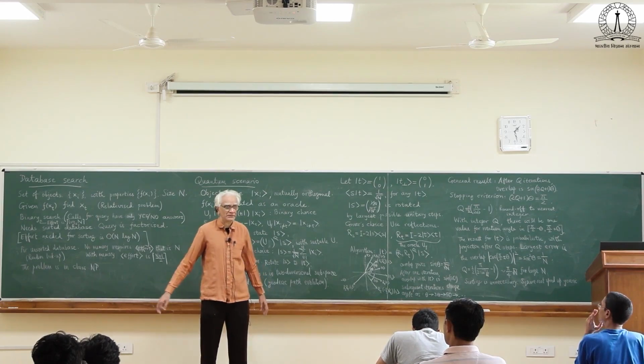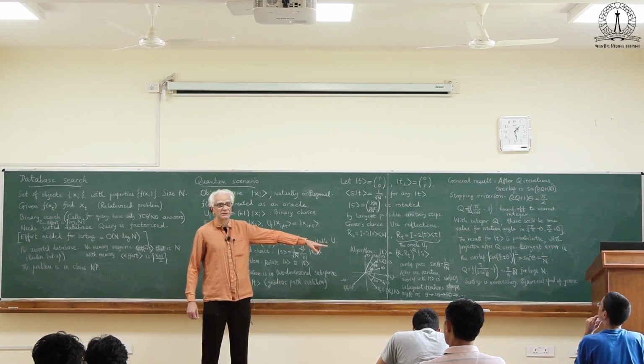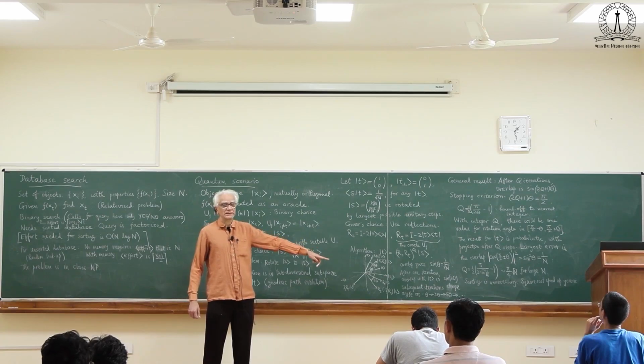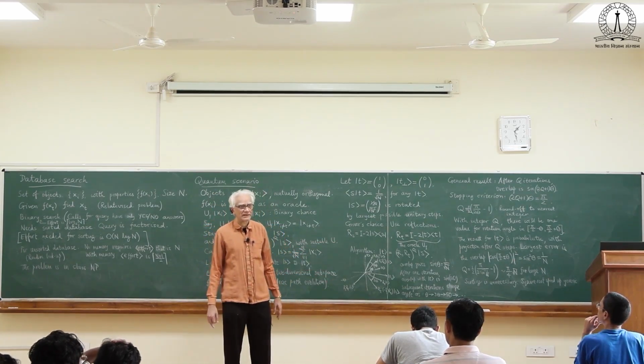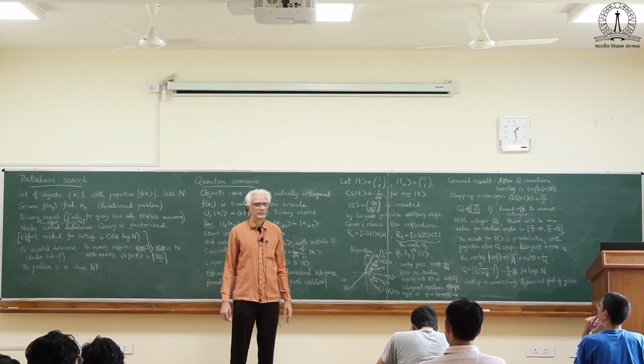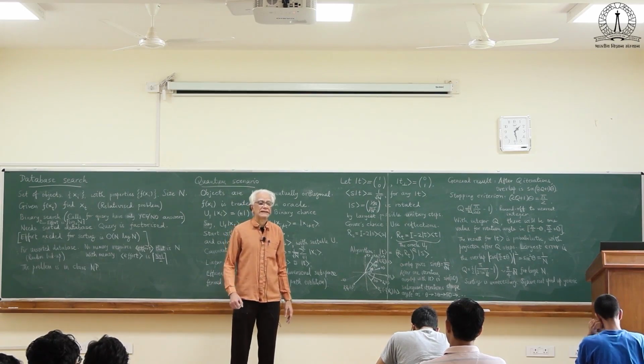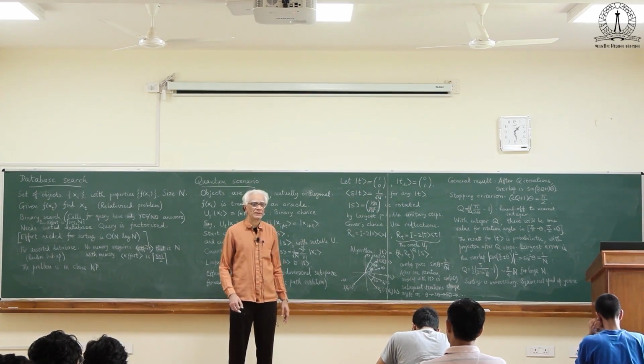You take any problem, you can get at least this much speedup. It doesn't change the complexity class because this square root is like a power law function. It is not exponential, but it guarantees that for any NP problem, you can get at least this much.